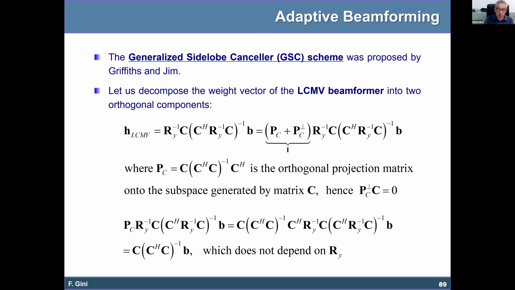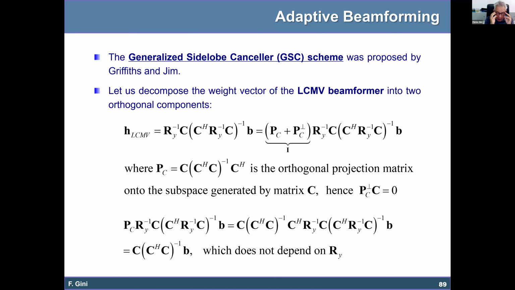I want to close this part on adaptive beamforming by talking about what is called the generalized side lobe canceller scheme, which is basically the canonical architecture used to implement any adaptive beamformer, and in particular, the linearly constrained minimum variance beamformer.